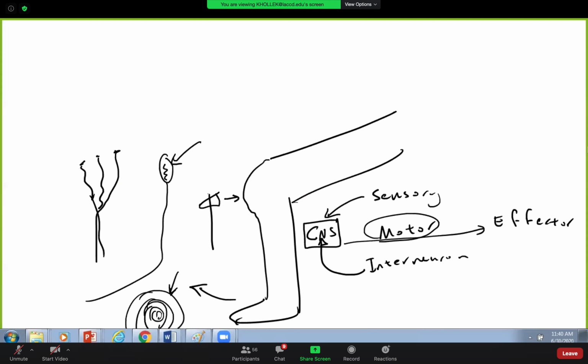Remember that in communication between preganglionic and postganglionic, it was always acetylcholine, but in terms of the postganglionic neuron, it was either norepinephrine or acetylcholine, depending on whether you had the sympathetic or parasympathetic. So make sure you know the type of neurotransmitter that they are involved and what they do, all right?